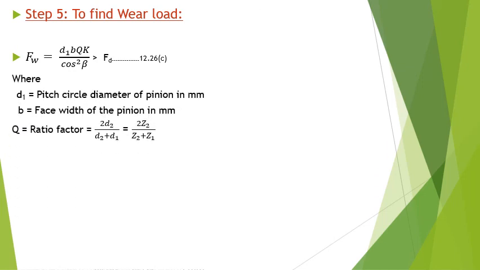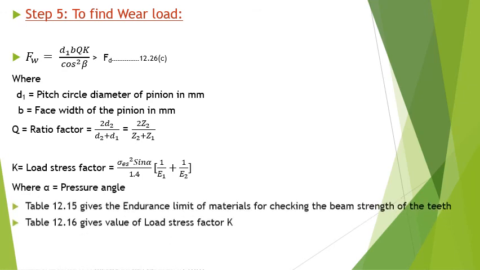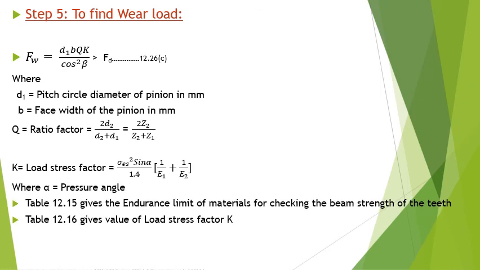The terminology is the same as in the case of spur gears, except here we have beta, which is nothing but the helix angle for the helical gear, and K is the load stress factor, alpha is the pressure angle.